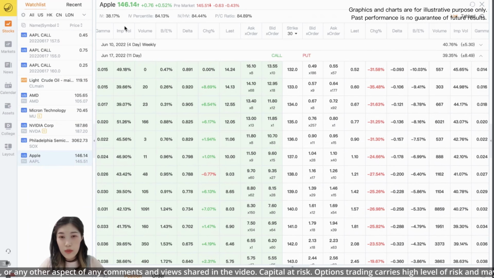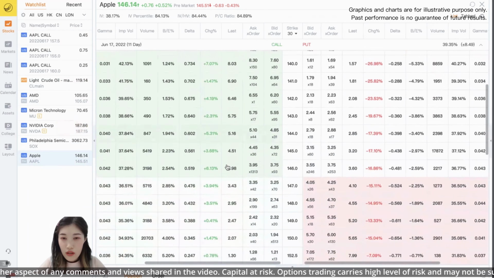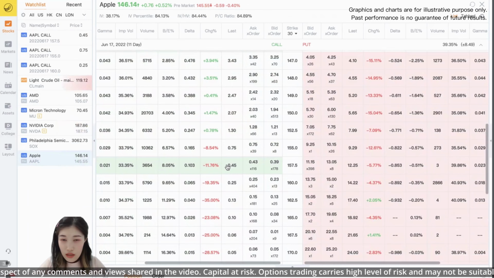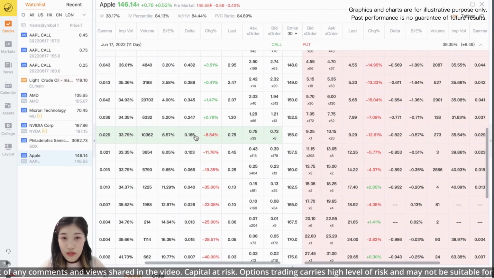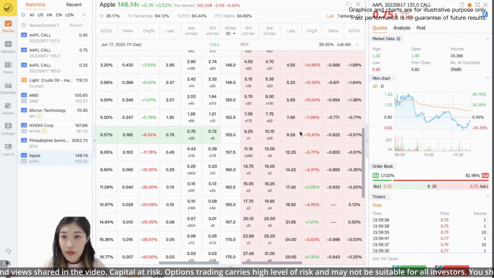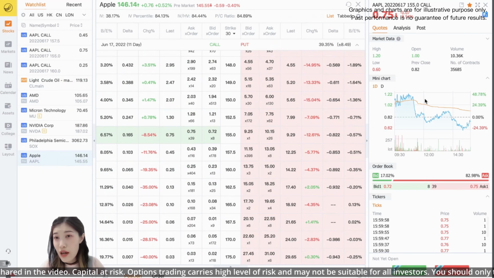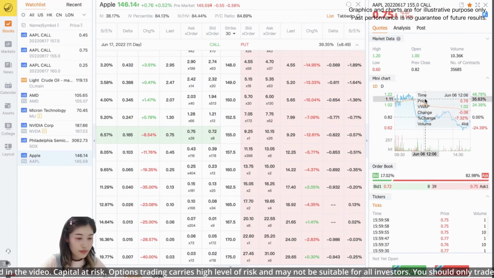So if I am going to sell a call option, I will find a price that's around 150, and the premium, the option price now, is 75 cents times 100, which gives us $75 of premium.